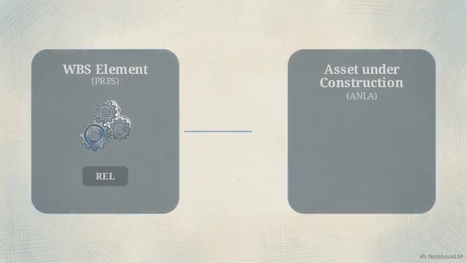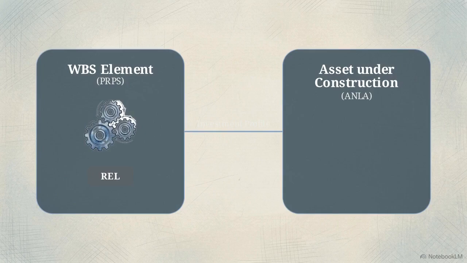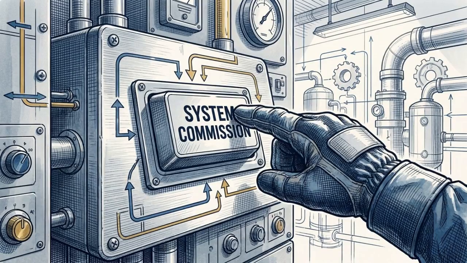When the physical plant is fully operational, the commissioning phase begins. The WBS status updates to technically complete, and the $15 million balance in the asset under construction is targeted for clearing. That status unlocks the final settlement process, which requires the entire accumulated balance to be cleared from the temporary holding pen.